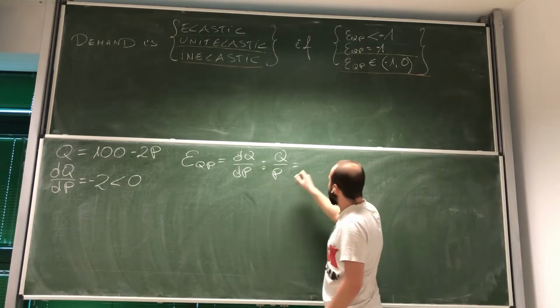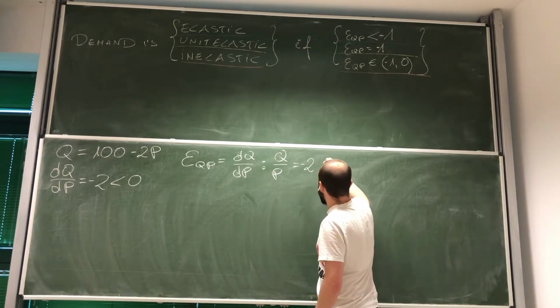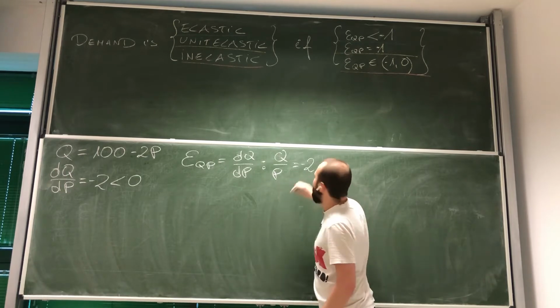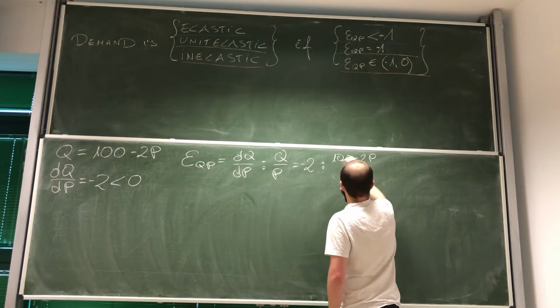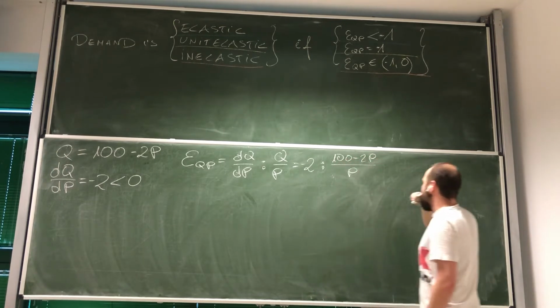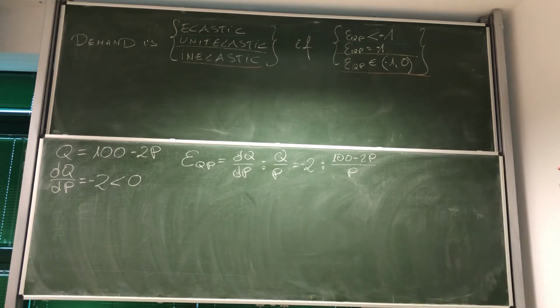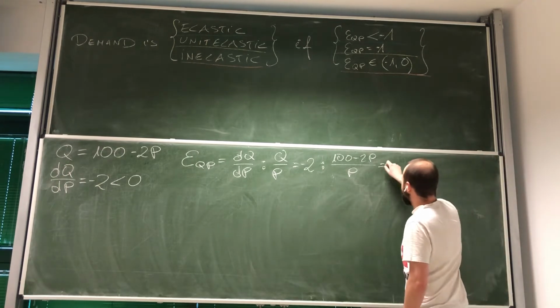Okay, we already calculated the derivative. This is negative 2. Now we need to divide it by quantity, which is given by 100 minus 2P, divided by P. And look, there is not much we can do with this expression.